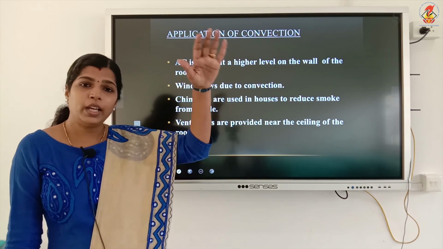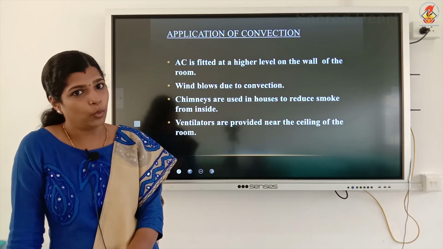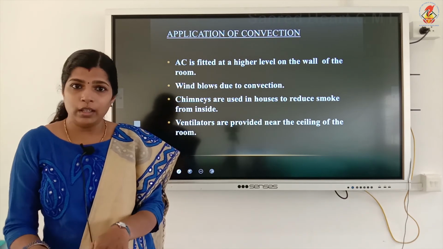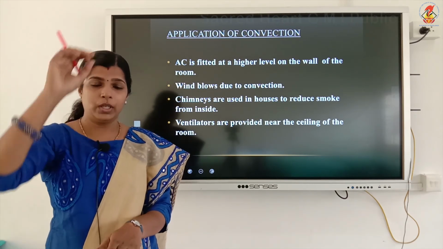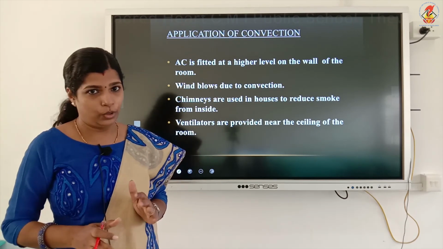The warm air in the room will go up because it is lighter and that process will continue.